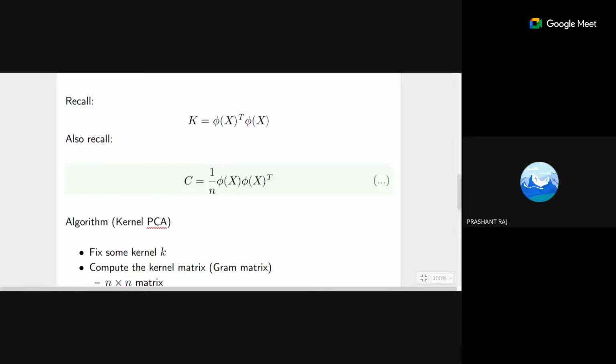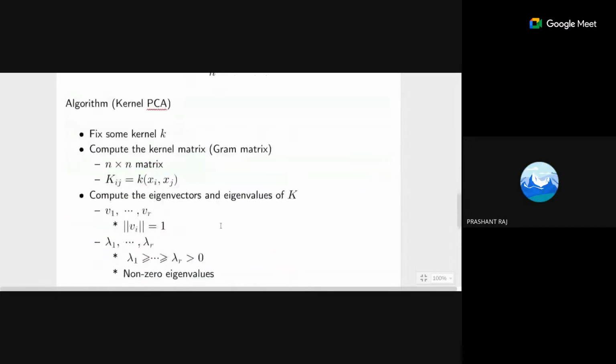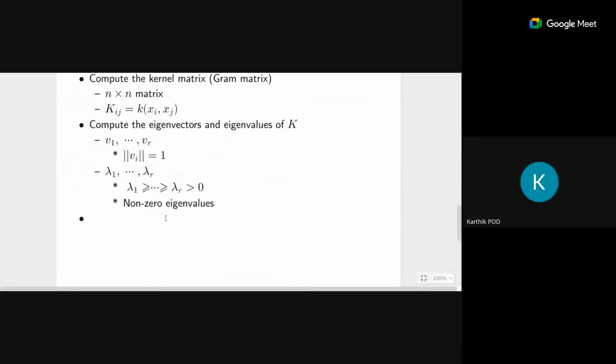We should divide by root lambda, I think so. Okay, only that? So do you just divide V1 by root lambda?